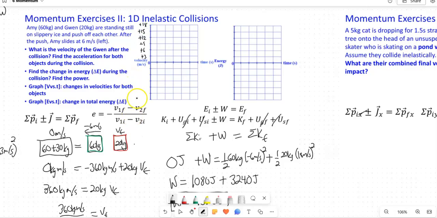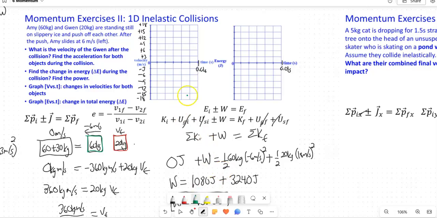And this is going to be negative 18. And this is negative 3, negative 6, negative 9, negative 12, negative 15. And this is 0.01 seconds. Okay, got everything ready to go.